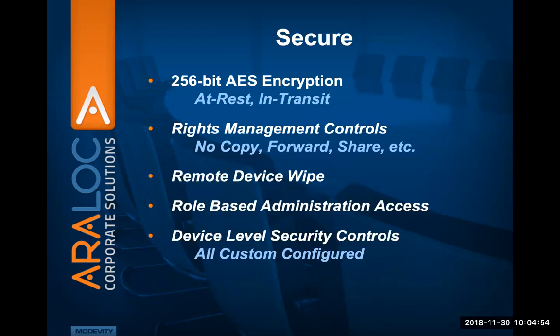And so we come to the security piece of ARALOC, and ARALOC is a leader in content distribution and security, utilizing 256-bit AES encryption both in transit and at rest.